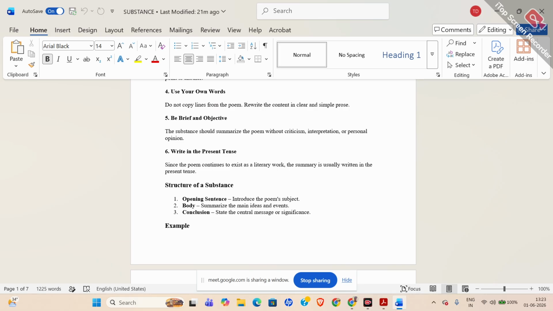So the poem exists, the poem is very much there, কবিতা তো রয়েছে, মানে it is existing, so you should not refer to it as in the past.